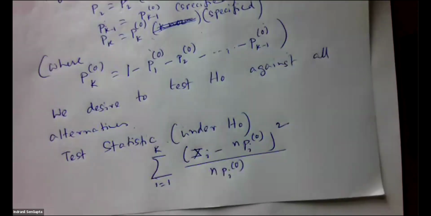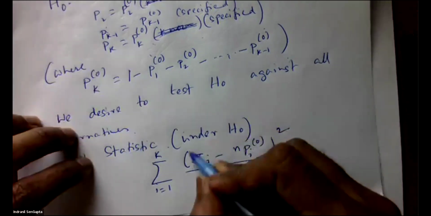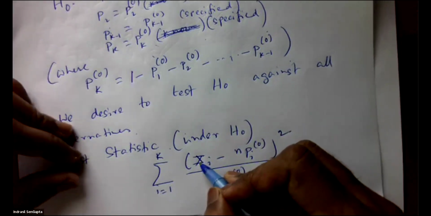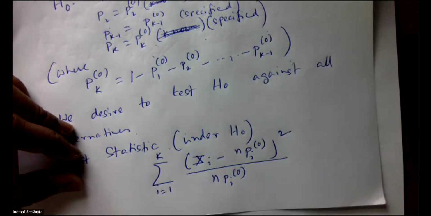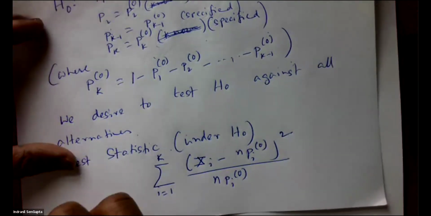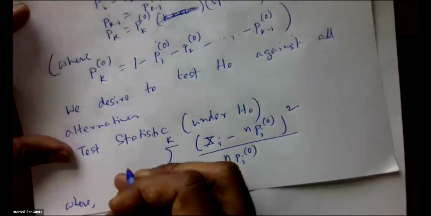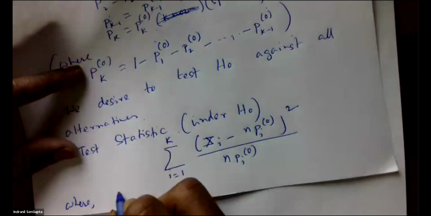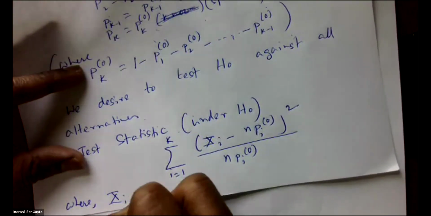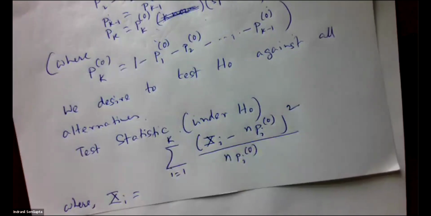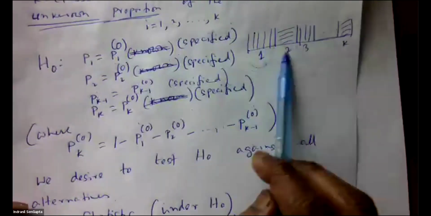Okay, so in this case, this will be chi-square as long as I define what xi is, which I never defined so far. So let me do it. What is xi? Where xi is, when this random experiment is repeated n independent times, the number of times the outcome is an element from population class k.